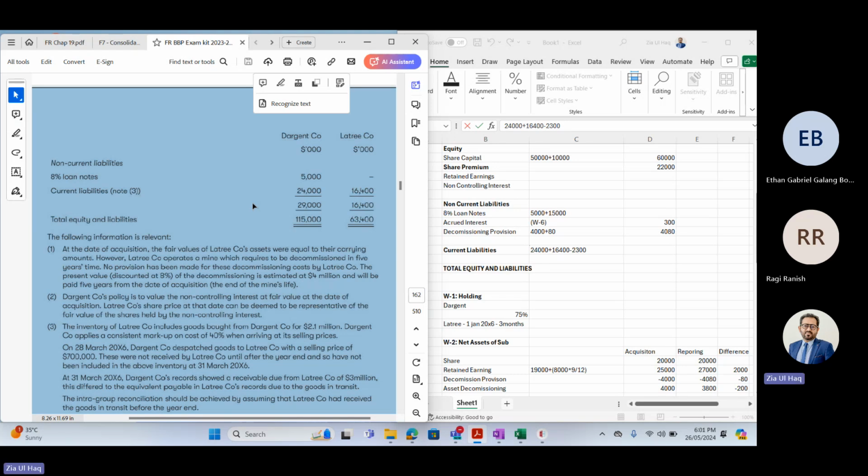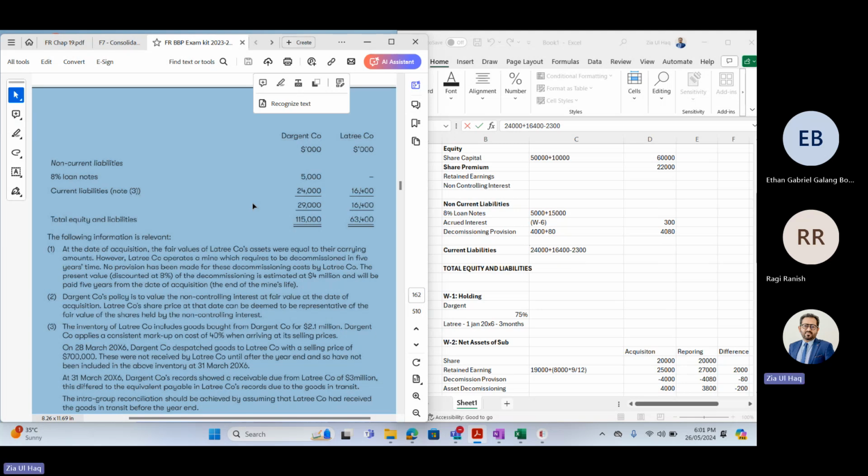If there is goods in transit, we record the accounting entry: inventory debit, receivable credit. This means if they transfer this inventory of 700, they eliminate it from their books, the parent company.